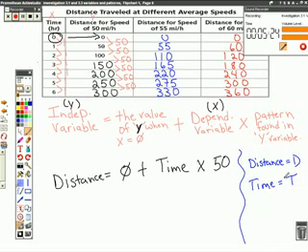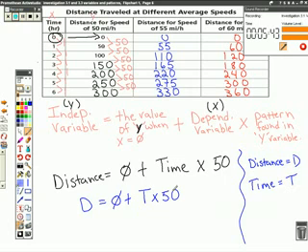So now we're just going to substitute. So distance d equals 0 plus time t times 50. All right, so we're getting closer and closer.